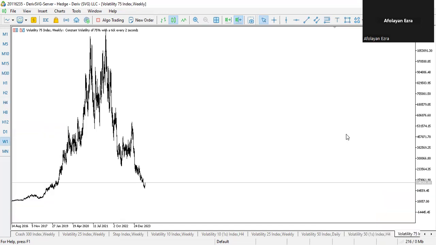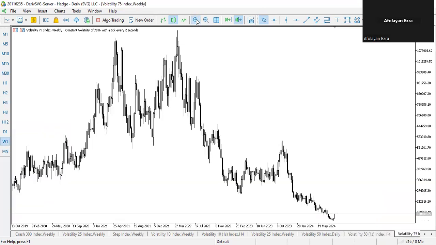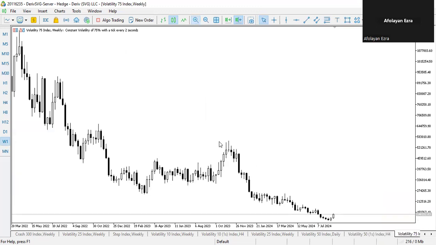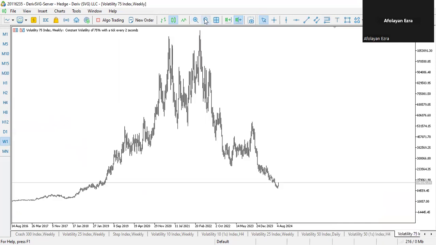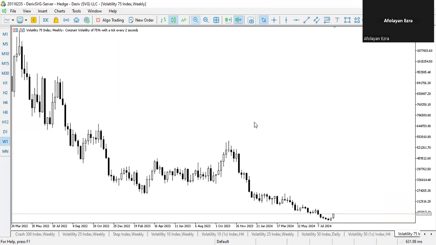So volatility 75. An amazing asset, all right? What do we have? Based on weekly, we have this high, but the low is not confirmed yet.